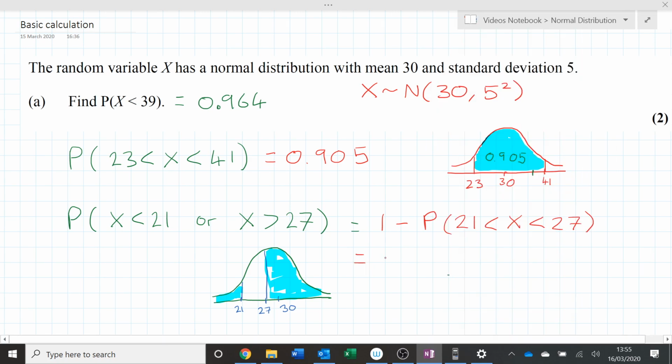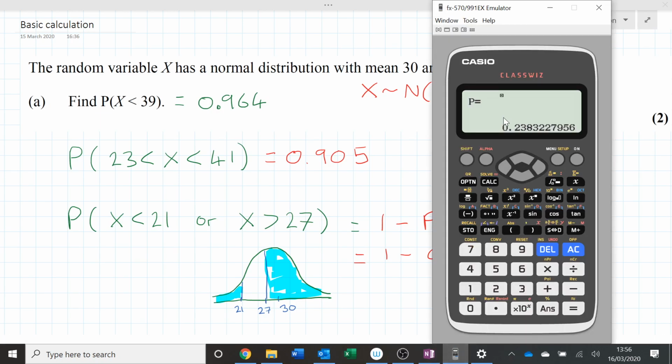But I want the other bit, so I could write here 1 minus 0.238. Doesn't feel that satisfying to work out. I want to do 1 minus this thing on the screen, so I'm going to use the store feature on the calculator. I'm going to click store and then store it as the red A, store A, which has stored that value. Very useful in all parts of the calculator.